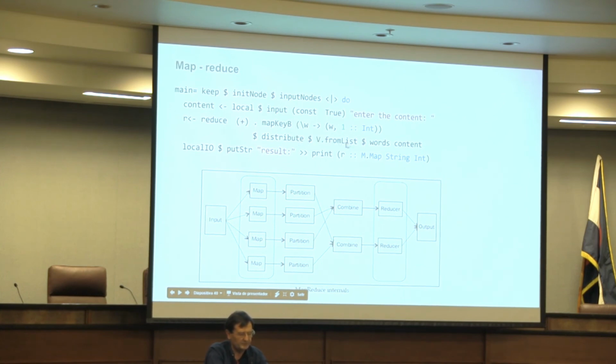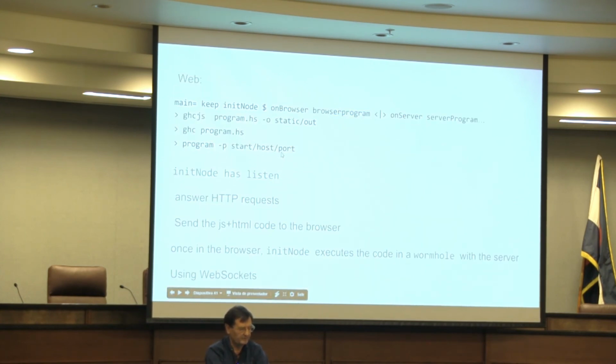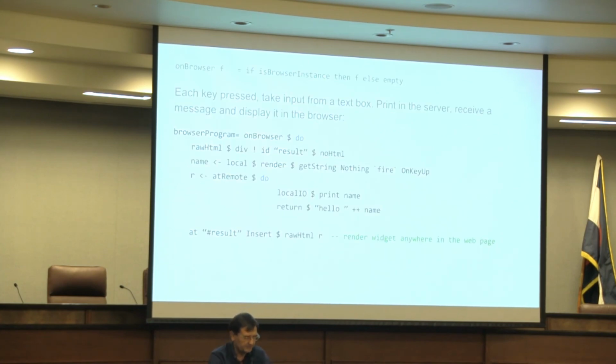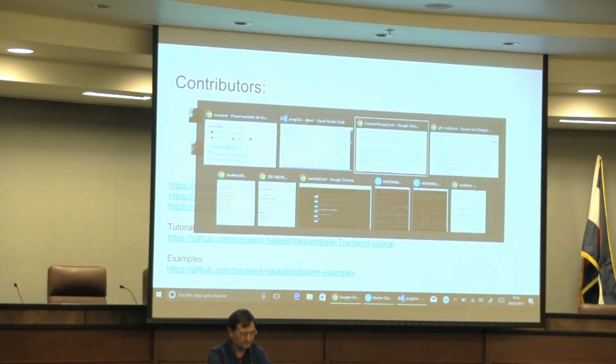We distribute the content among the available nodes, and each node processes its own chunk and reduces the result of all the nodes in the master node, which is the node that invokes the rest, and it is printed. Instead of explaining, I will present a small example.